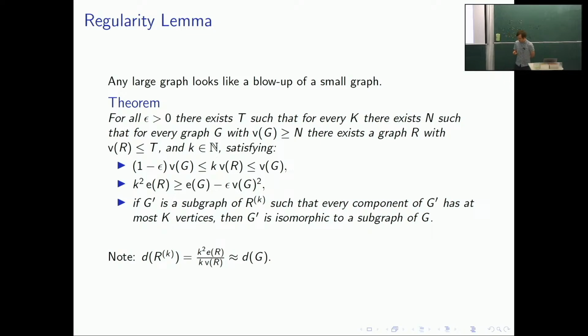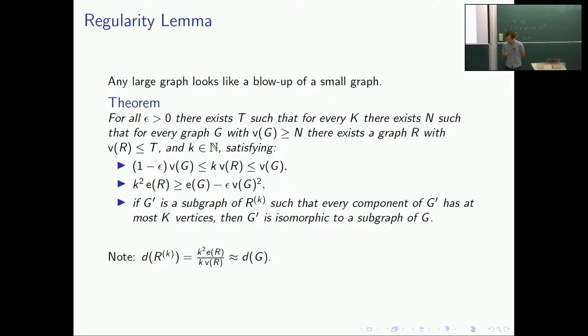The second step, as I mentioned, is some version of the regularity lemma. It's perhaps not the most common formulation of the regularity lemma. So what we will say is that for every epsilon, there exists some t, such that for every k, there exists some n.